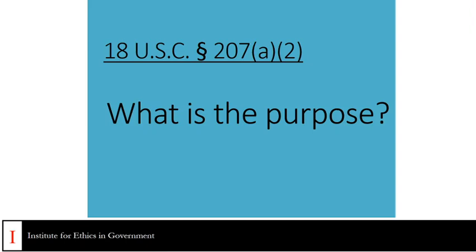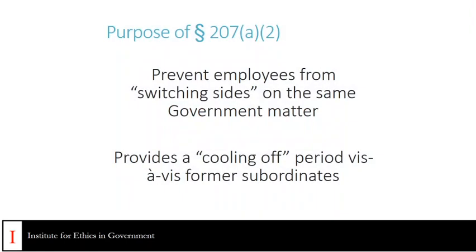What is the purpose of 207(a)(2)? As was the case with 207(a)(1), it is in part a switching sides provision, which is essentially to prevent employees from giving unfair advantage to a prospective employer, for example, or of appearing to make unfair use of their prior government employment and affiliations.